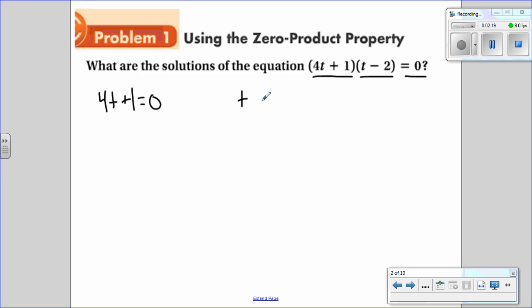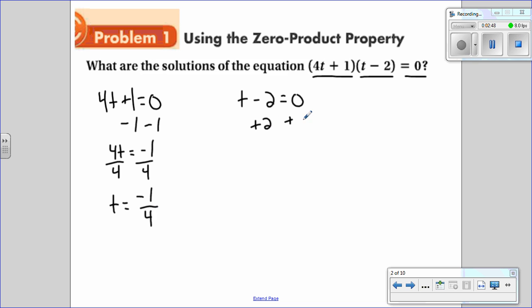And then we're going to also set the second one equal to 0. And then we just solve. We subtract 1 from each side, so we have 4t equals -1. Divide by 4, which gives us t equals -1/4. In this one, we would add 2 to both sides and get t equals 2.